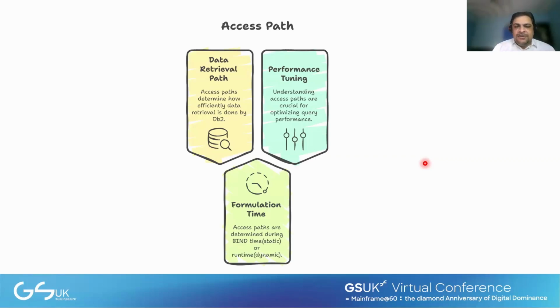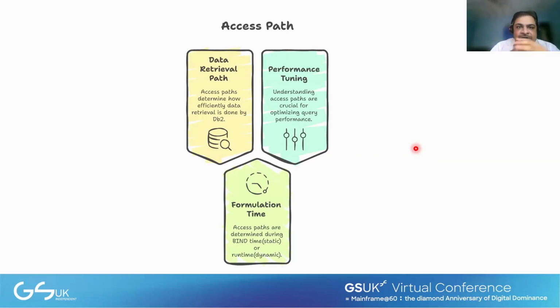But you can get a glimpse of how the data was accessed. And to get that glimpse, you need to understand what is an access path. So basically, access path is a data retrieval path. It determines how efficiently data was fetched by DB2. It also gives you an understanding about how to optimize your queries.